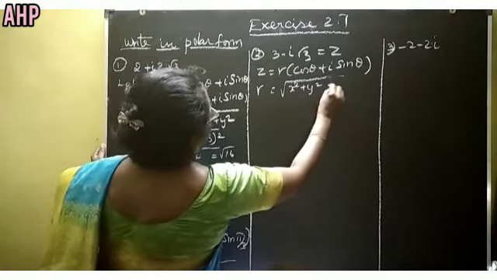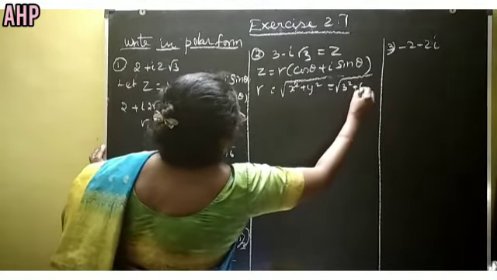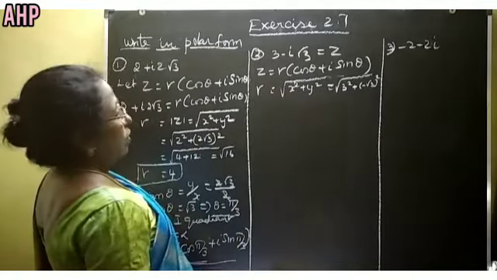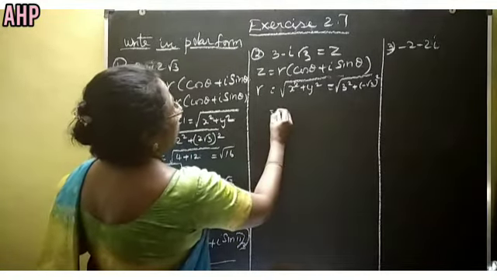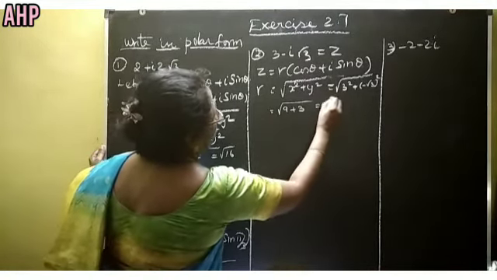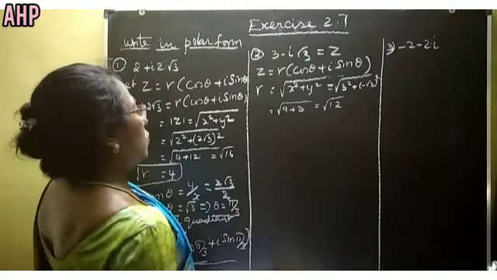So this is equal to root of 3 square plus minus root 3 the whole square. So this is equal to root of 9 plus 3. This will give you root 12. Now R value is equal to root 12.